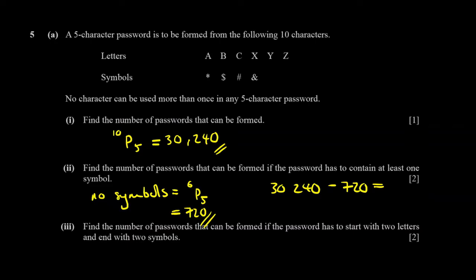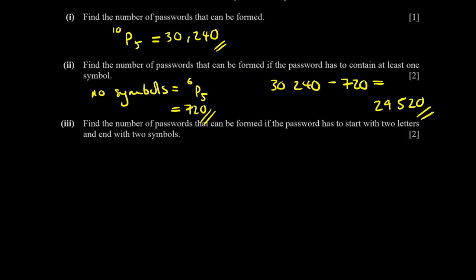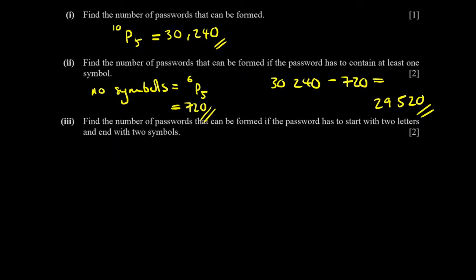So every single other way has got to have at least 1 symbol in it. So let me just calculate that. 30,240 minus 720 is 29,520. So 29,520.